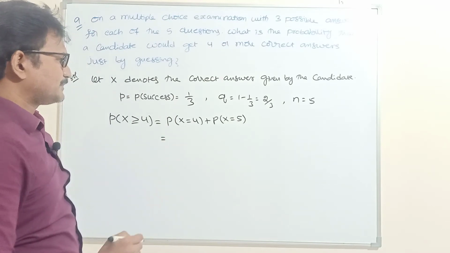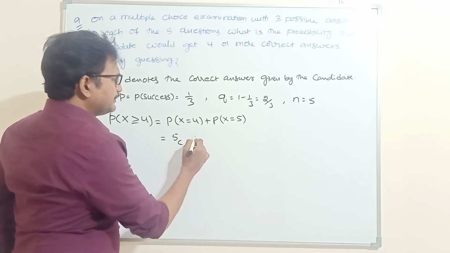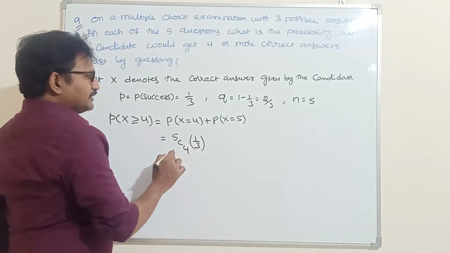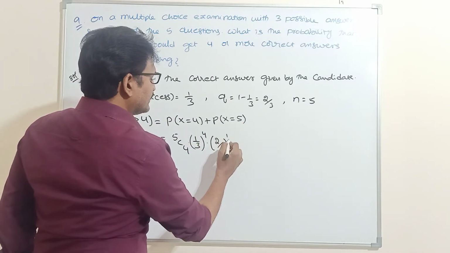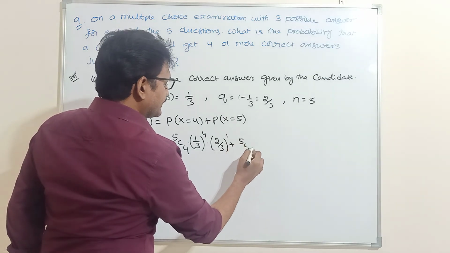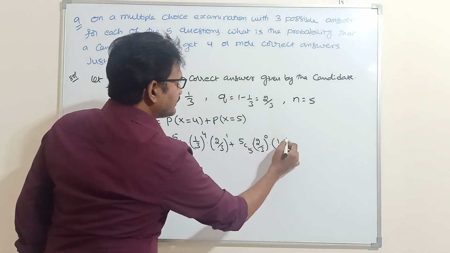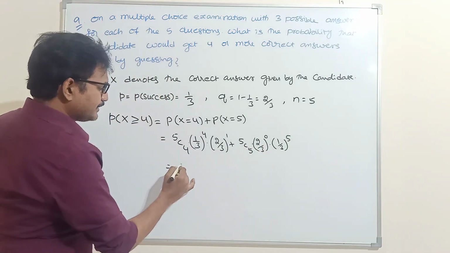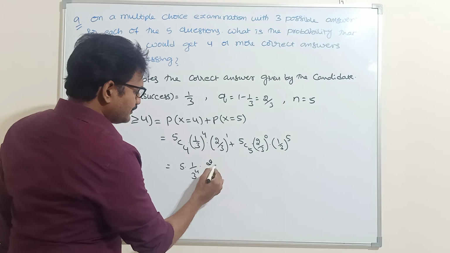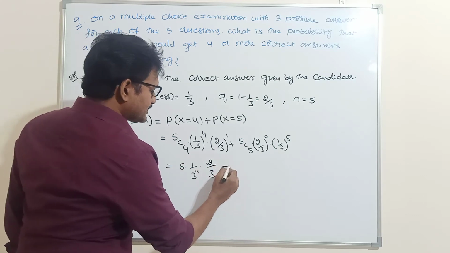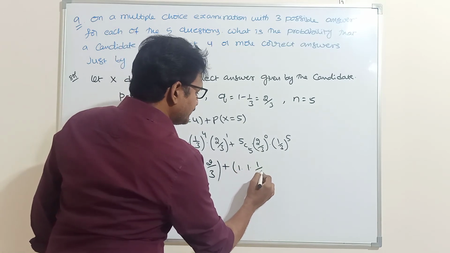This is equal to 5C4 into 1 by 3 whole power 4 into 2 by 3 whole power 1, plus 5C5 into 2 by 3 whole power 0 into 1 by 3 whole power 5. So 5C4 value is 5, and 5C5 value is 1.